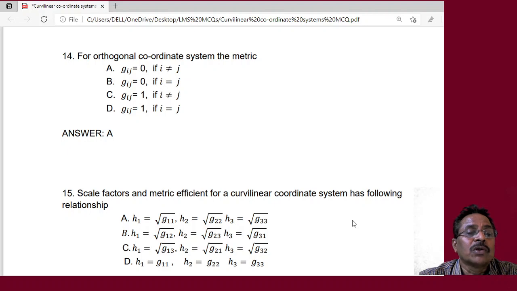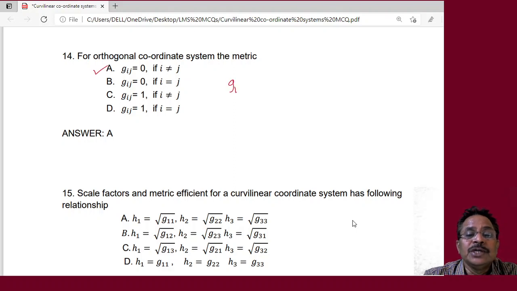Now for orthogonal coordinate systems, the metric coefficients Gij: option A, Gij is equal to 0 if i is not equal to j; Gij is equal to 0 if i is equal to j; Gij is equal to 1 if i is not equal to j; and Gij is equal to 1 if i is equal to j. Out of these, option A is the correct option, as we have defined just now.